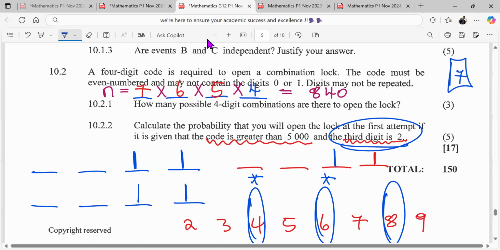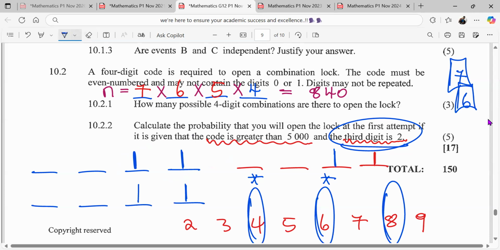So then let's go. Now we say on the first possibility, I know that I now have 6 numbers to choose from, but am I really going to choose from 6 numbers now that 2 of them have been used up? Am I really going to choose from 6?